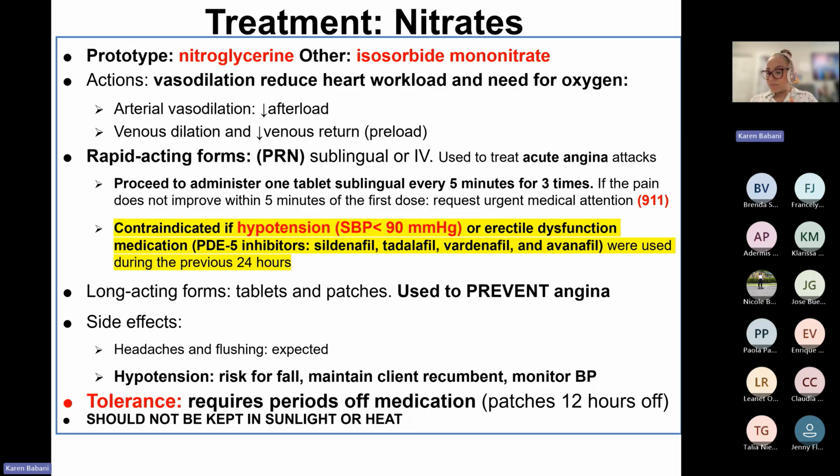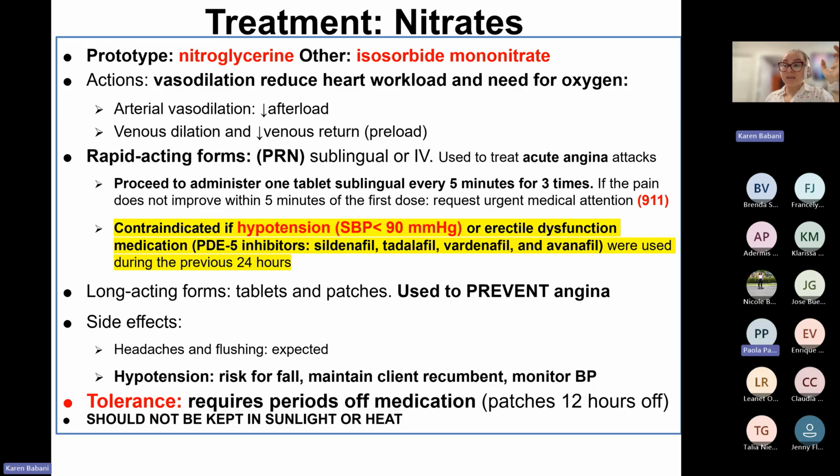Treatment, very important. Oh, we talked about the manifestations, right? So you know how to recognize them, pretty much the same symptoms as a heart attack. We didn't talk about another type of angina, which is the Prinzmetal angina, which is basically like a spasm in the arteries of the heart.